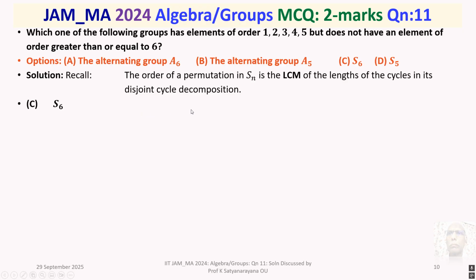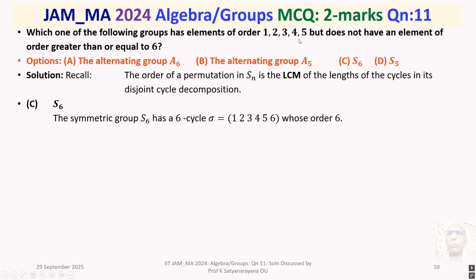What we see is that in S6, certainly there is a cycle of order 6. The symmetric group S6 has a 6-cycle, that is sigma equal to the cycle (1 2 3 4 5 6), whose order is 6. Thus, S6 has an element of order 6.